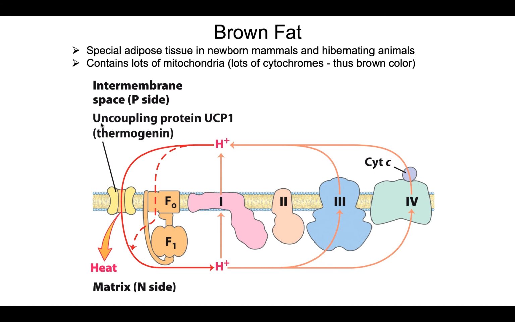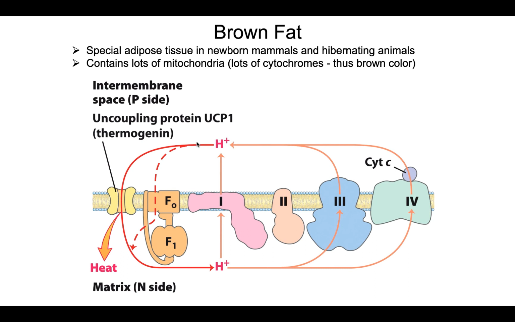It's called an uncoupling protein, or UCP1, also called thermogenin. And all it is, is a proton channel. It offers another way for protons to go down their concentration gradient and get into the matrix instead of going through ATP synthase.